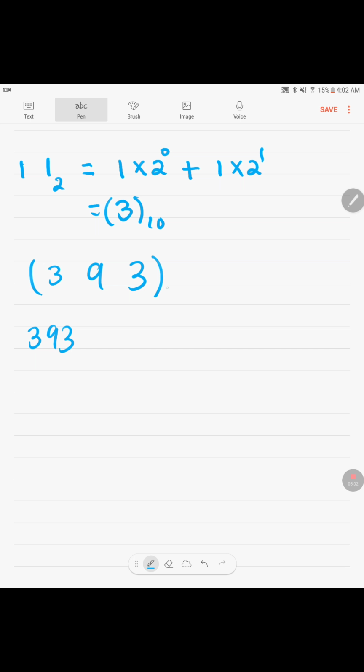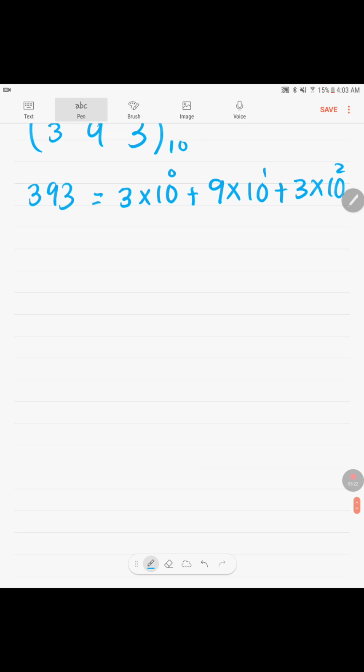This is base 10. How would we represent it? It will be 3 times 10 to the 0 plus 9 times 10 to the 1 plus another 3 times 10 to the second power. So it goes like this. This is equal to 393 precisely.